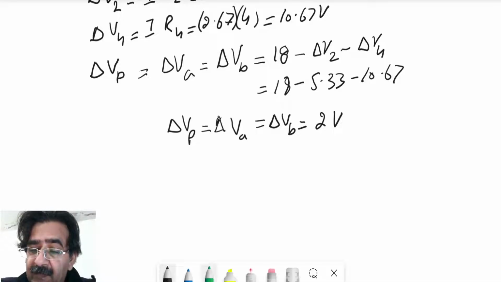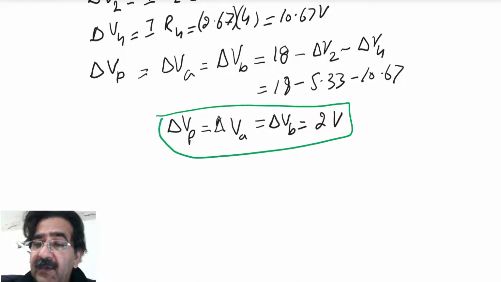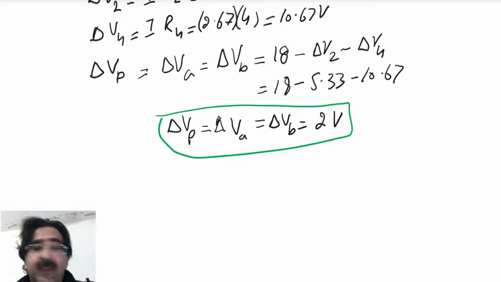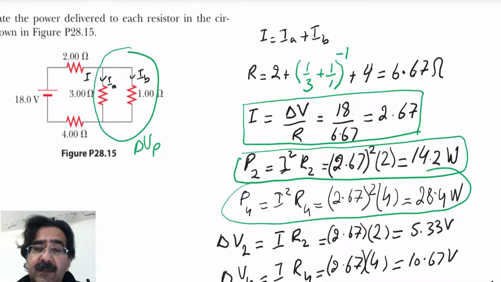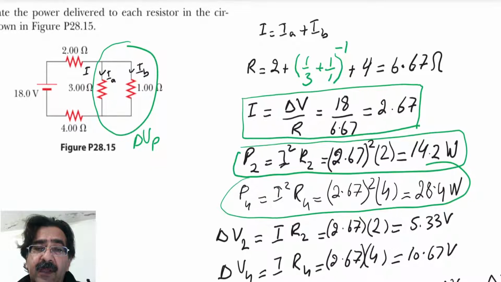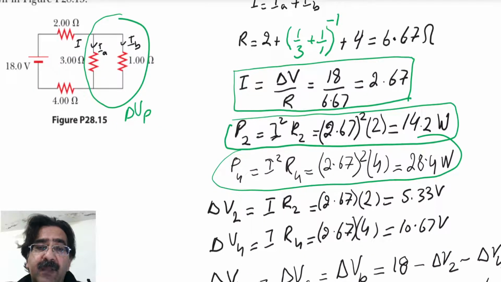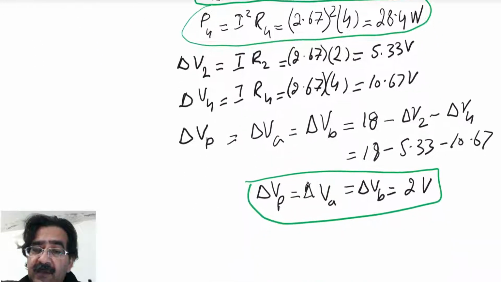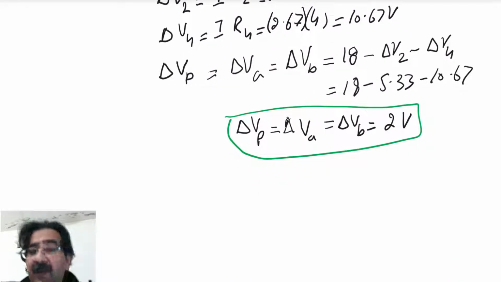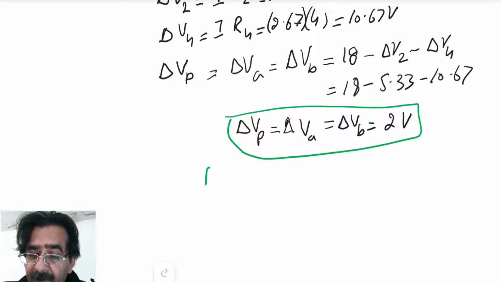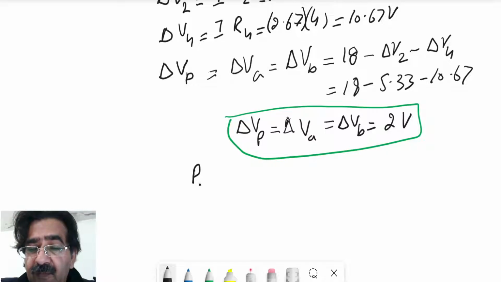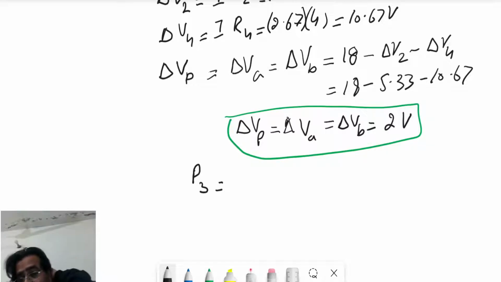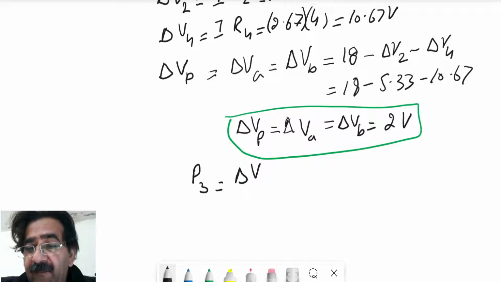So this is our voltage dropped across delta Va, across the current IA and IB, meaning the 3 ohm resistance and the 1 ohm resistance. So the power delivered to the 3 ohm resistance will be based on delta Vp.